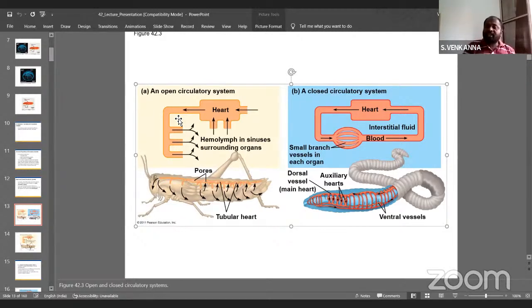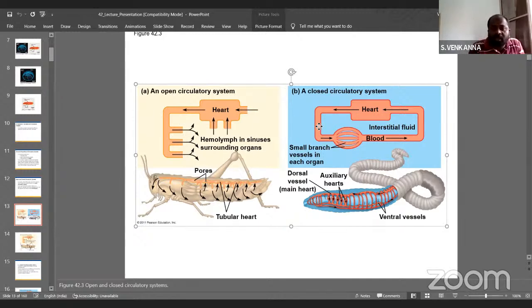The second point is that exchange of materials between cells and blood is facilitated by direct contact. Third, red blood cells are absent. Respiratory pigment, if present, is dissolved in plasma, for example in earthworms. These are the characteristics of open blood systems.